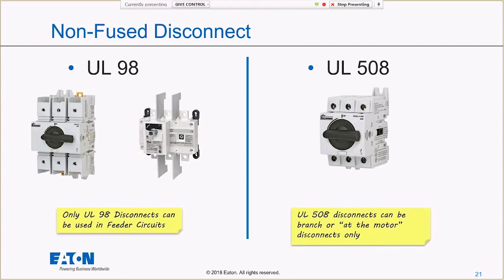So just know: UL508 non-fused disconnect, branches only, or that at the motor disconnect, which is one of their best uses. We don't want to see a UL508 disconnect as a main disconnect. That is a misapplication. But if I'm using a UL98 non-fused disconnect and those trailing fuses in that power distribution fuse block, I have a great panel set up already.